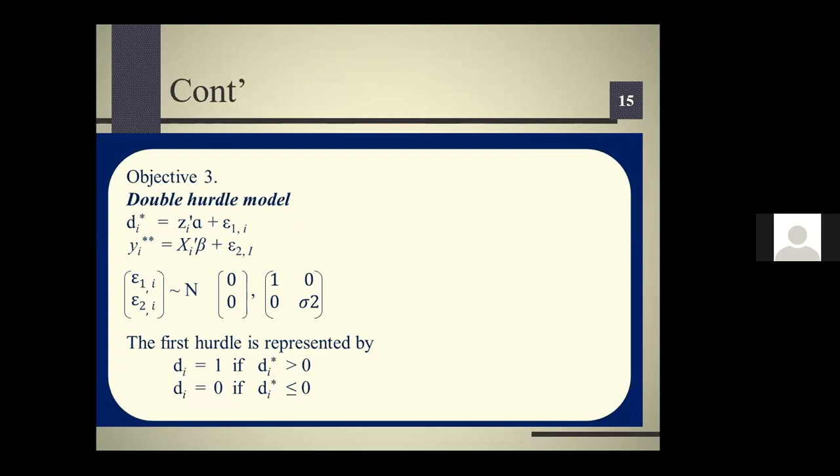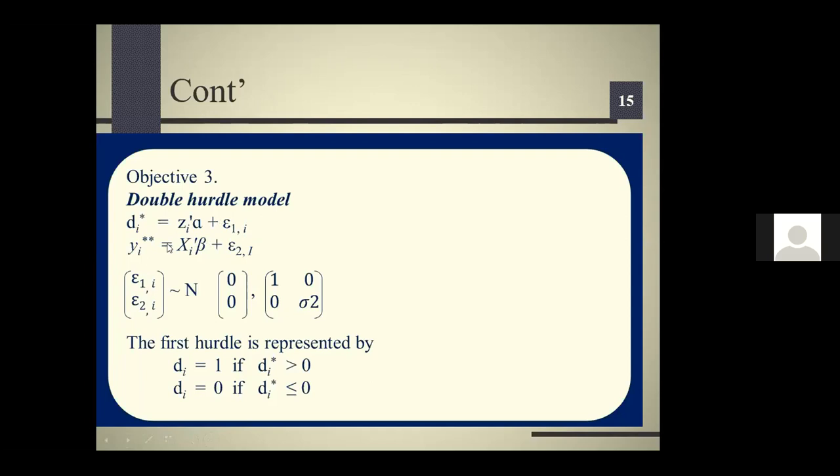But hurdle 2 is, even after the household has chosen to use clean fuels, is it possible to sustainably, continuously, consistently remain there and use clean fuels, or switch within clean fuels but not come back to unclean fuels?